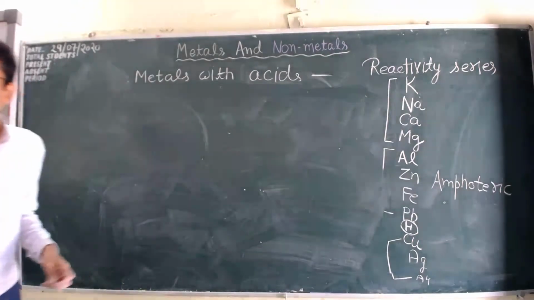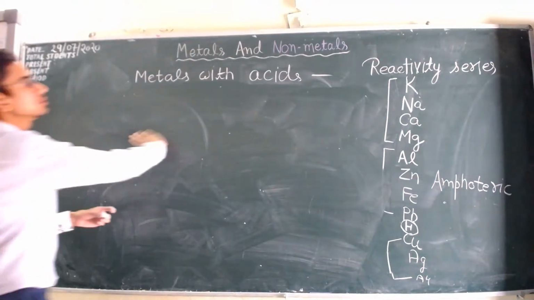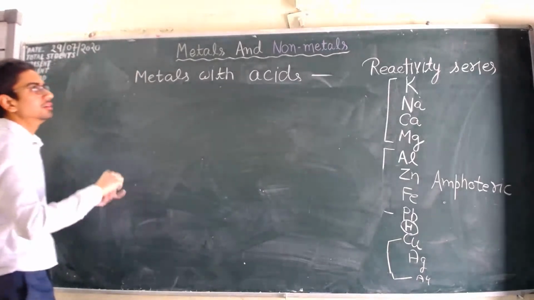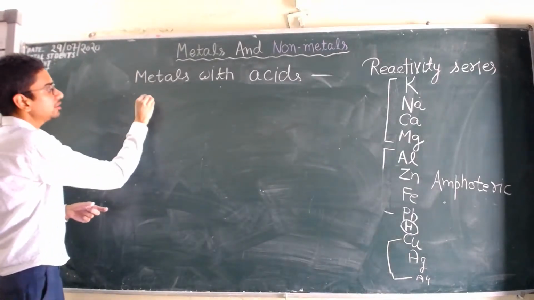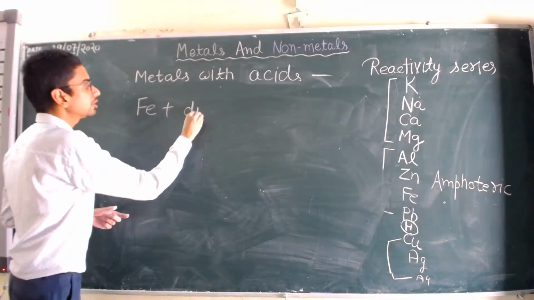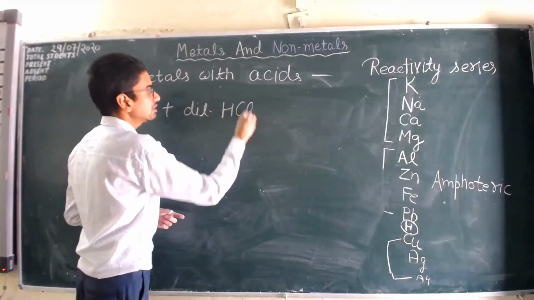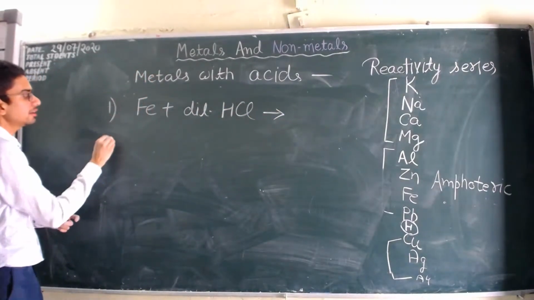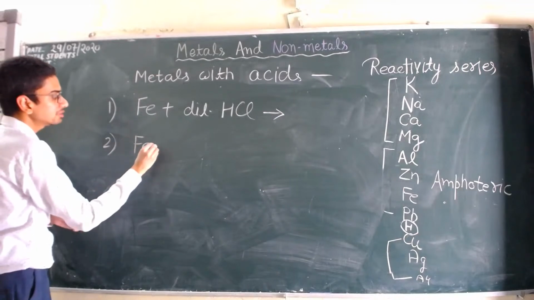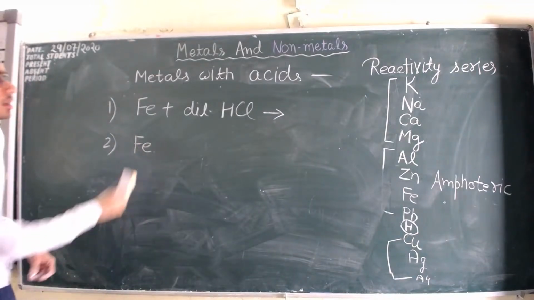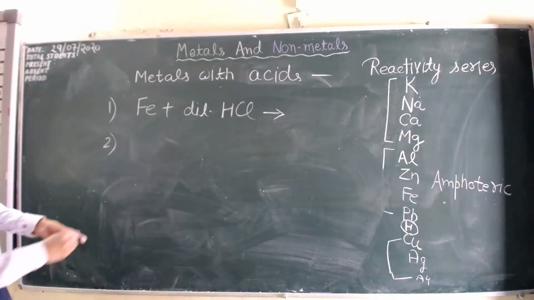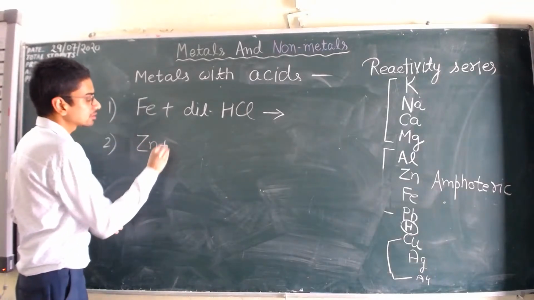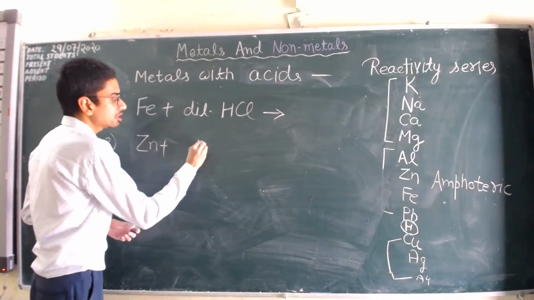I am writing some reactions. You have to solve them by yourself. First reaction is iron plus dilute HCl. Second is zinc plus dilute HNO3.